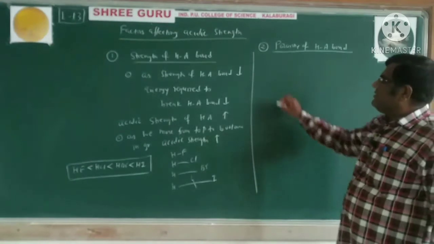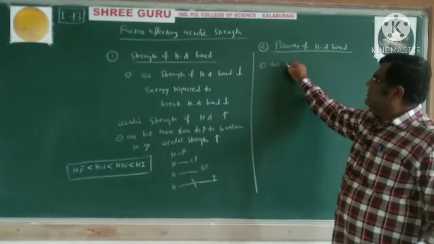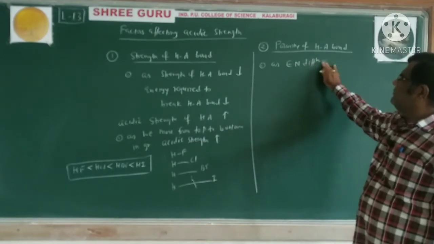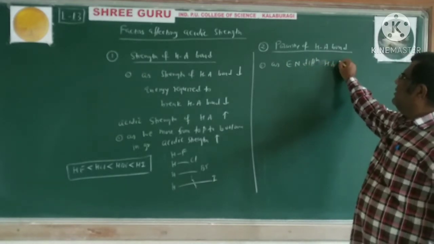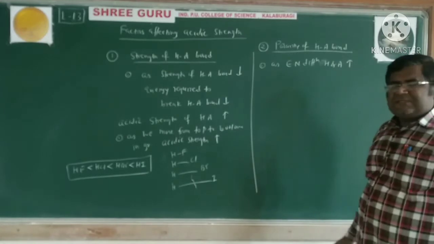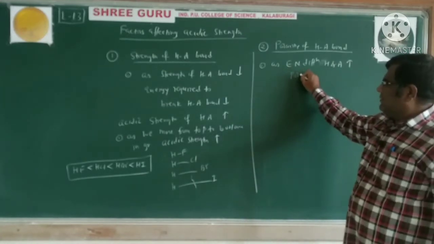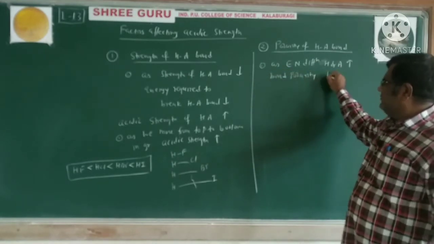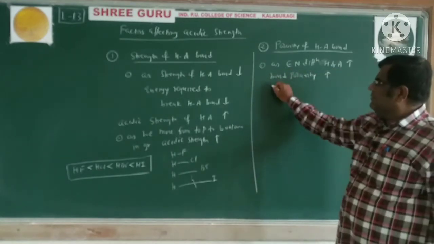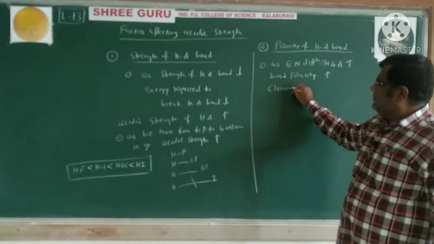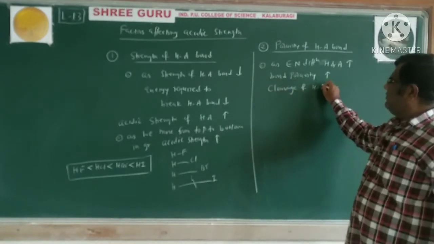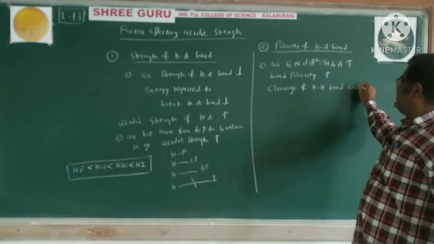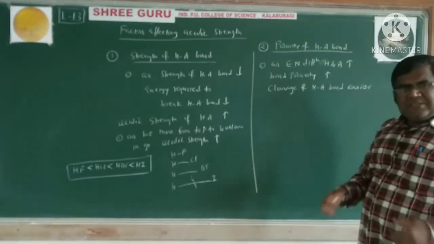So we can say that as electronegativity difference between H and A increases, bond polarity increases, cleavage, means breaking of HA bond, is easy.